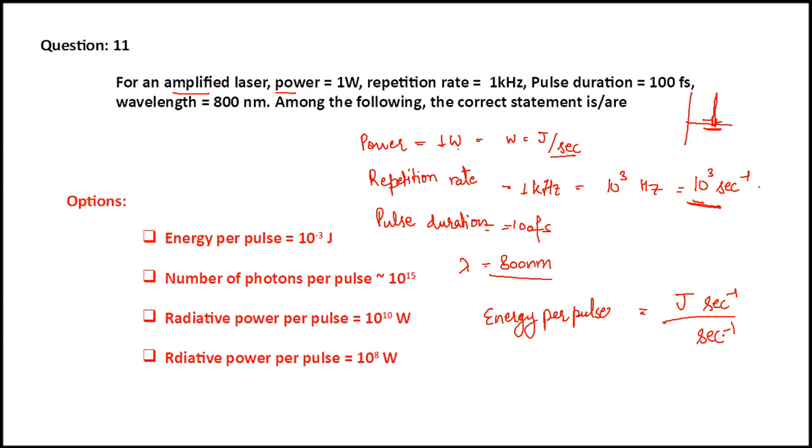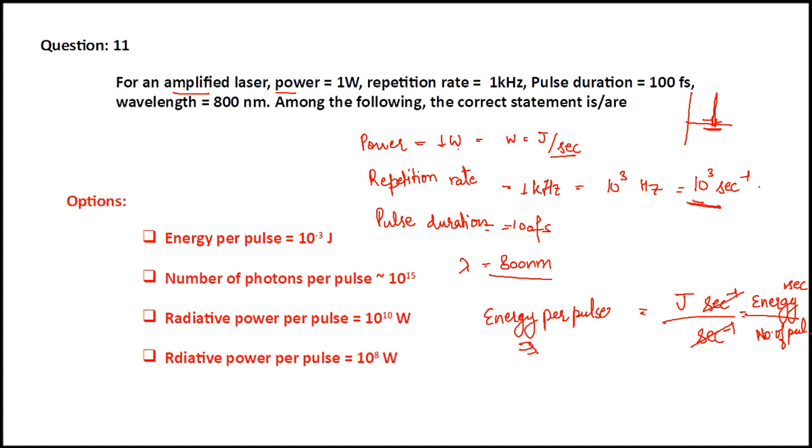So the power is 1 joule per second. If I cancel them out, the total energy in 1 second was this much, and the total number of pulses for 1 second was this much.